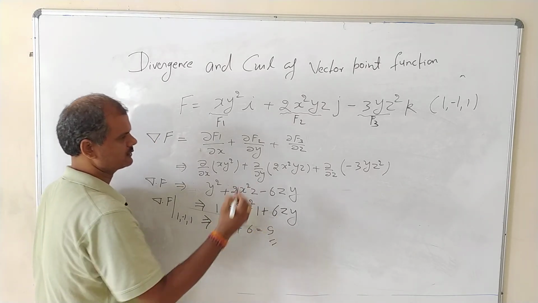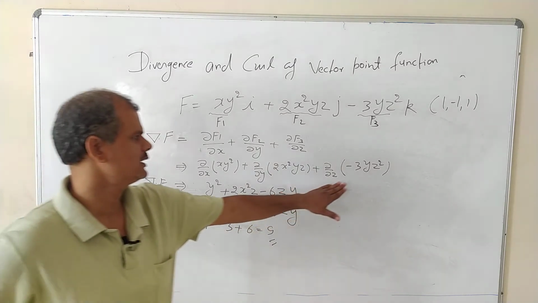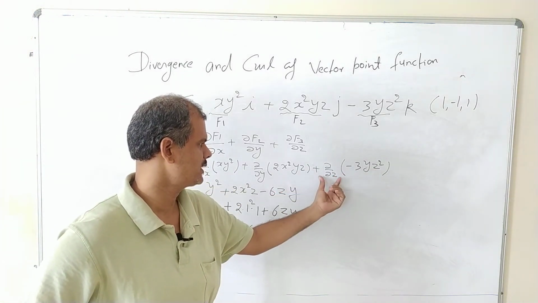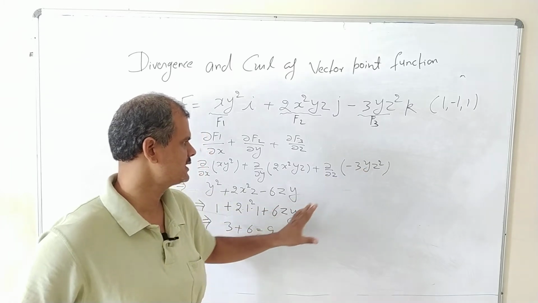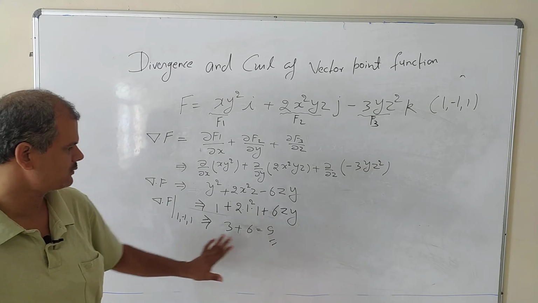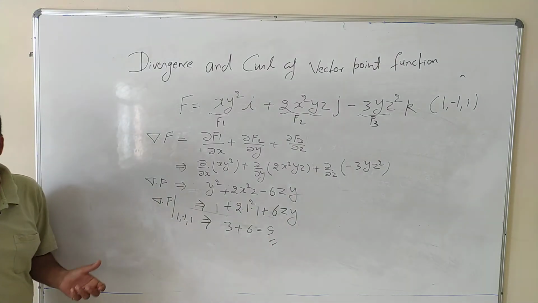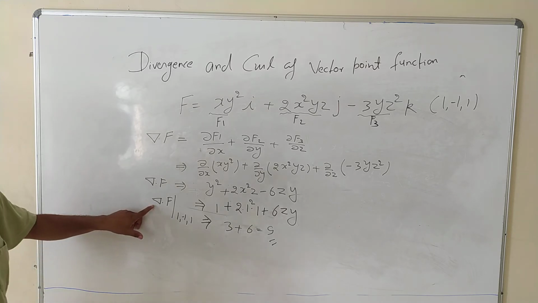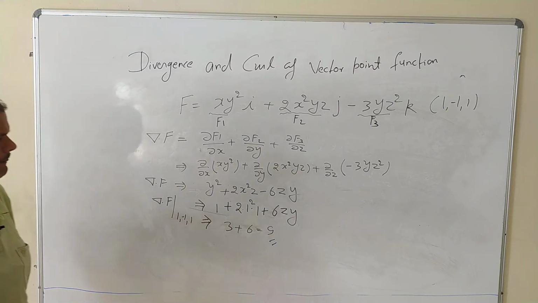Your answer is 9. Okay, fine. This was the divergence of F at this point.